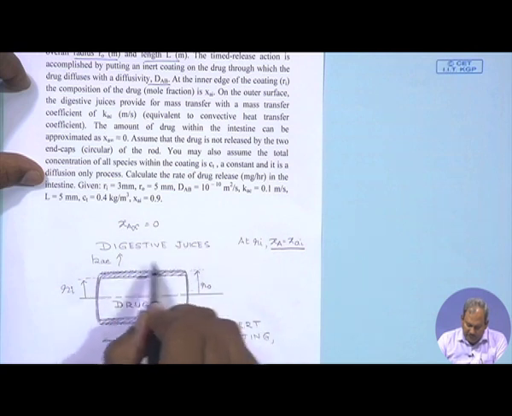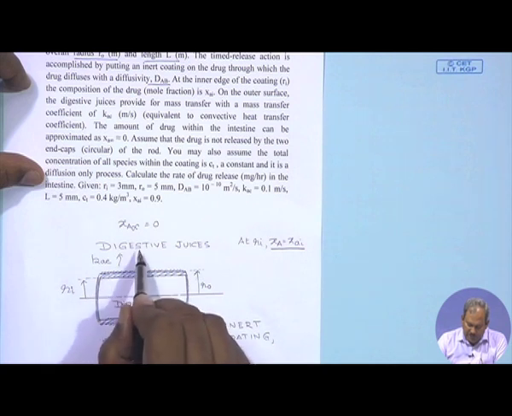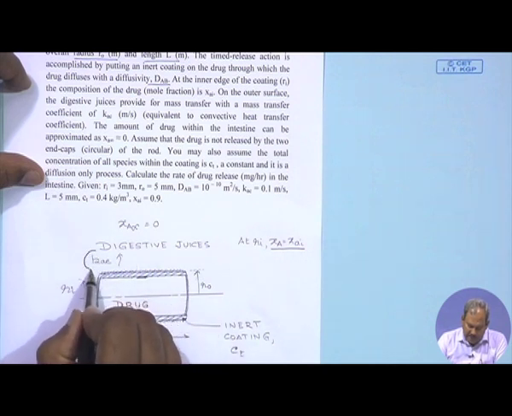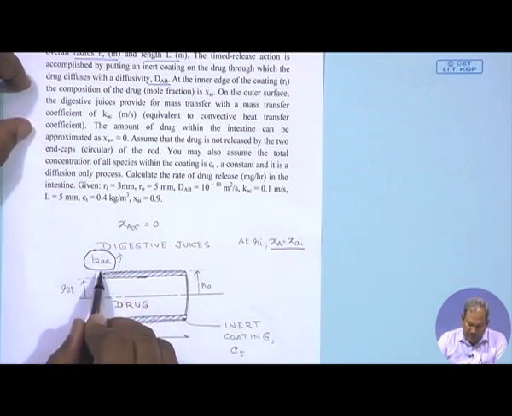The digestive juices on the outside of the drug maintain a coefficient of mass transfer, similar to the convective heat transfer coefficient, denoted by k A c.